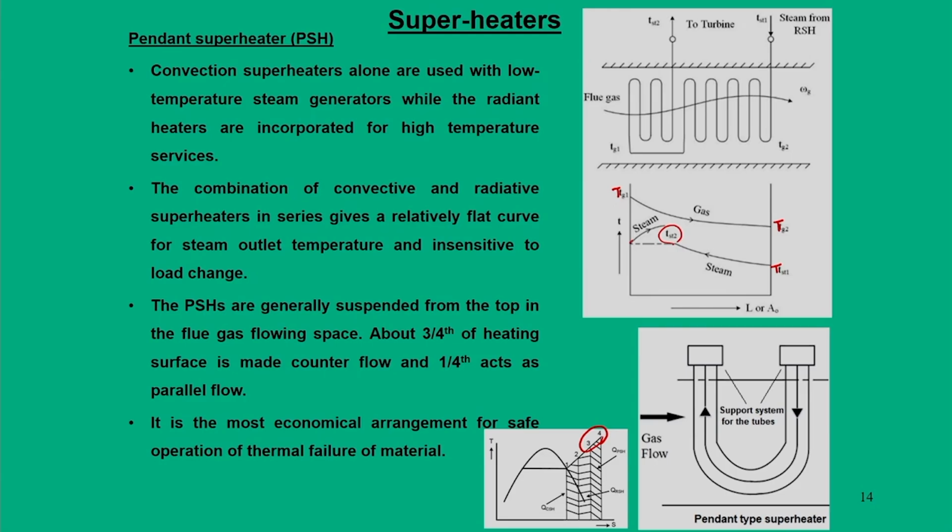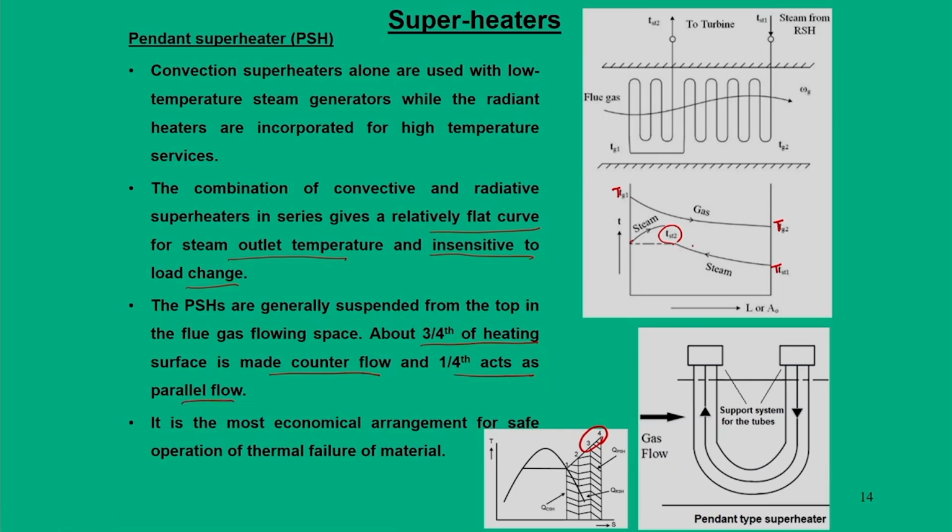That is what is normally done to control the temperature at the outlet of the superheaters, and we essentially need a flat curve, that is, a flat steam outlet temperature which is insensitive to load change. So, in pendant type superheaters, 3/4 of the heating is made as counter flow, and 1/4 of the heating is considered as parallel flow.